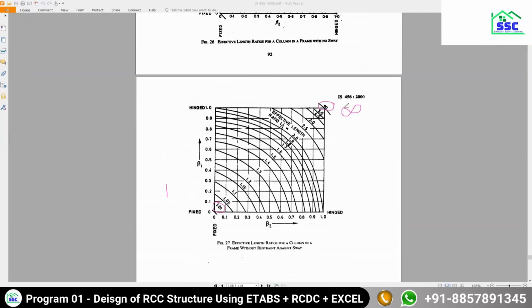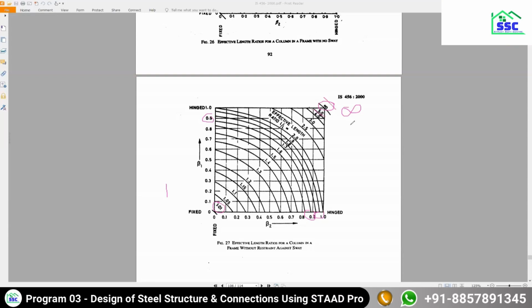And this infinity, my friends, is the biggest problem when you design columns in ETABS. If your beta 1 and beta 2 are somewhere in the range beyond 0.9 and 1, the effective length factor jumps from 5 directly to infinity.